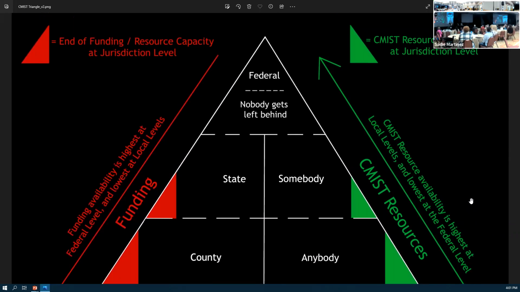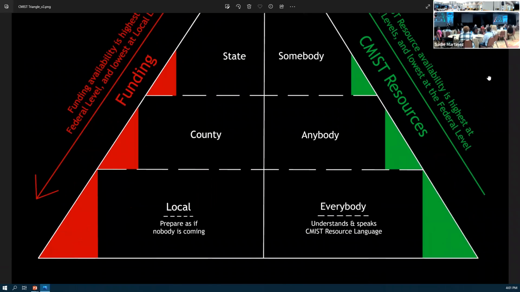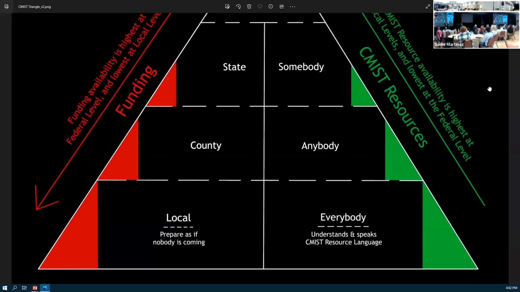And in emergency management, they're always talking about funding. We definitely have to work with these colors to be more accessible. So I'm trying to verbally describe what's in this triangle here. Where locals have their limitations is where we can learn where this gap is. We can learn from our people with lived experience to help us identify the CMIST resources we could fill, so that the county could also help us fill that gap with funding.